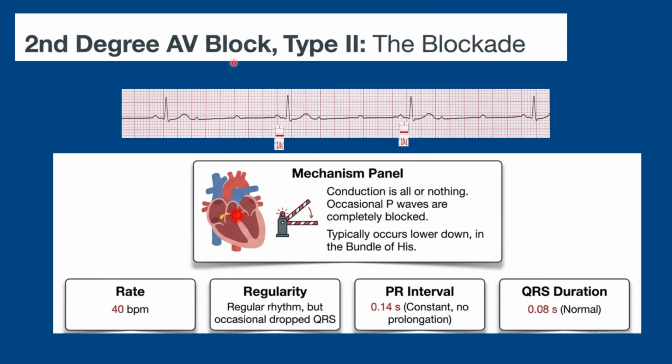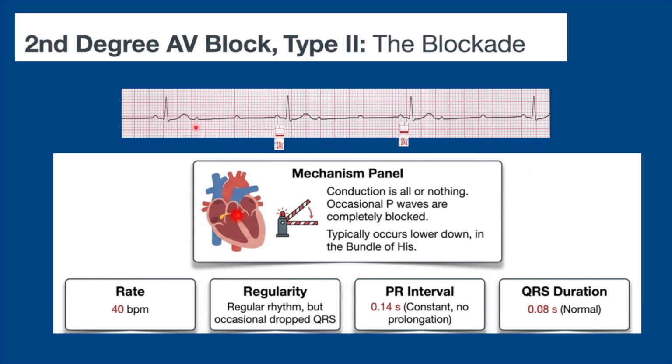Second degree AV block type 2, we call it Mobitz type 2. So here there is blockage of the passage of certain impulses, but it follows the rule of all or none. So either it passes the impulse normally, like the first one here, like this one, and in this case you find the PR interval is normal and constant, and you have a normal conduction of the impulse, so you have a normal PQRST complex, but you will find occasionally dropped beats.